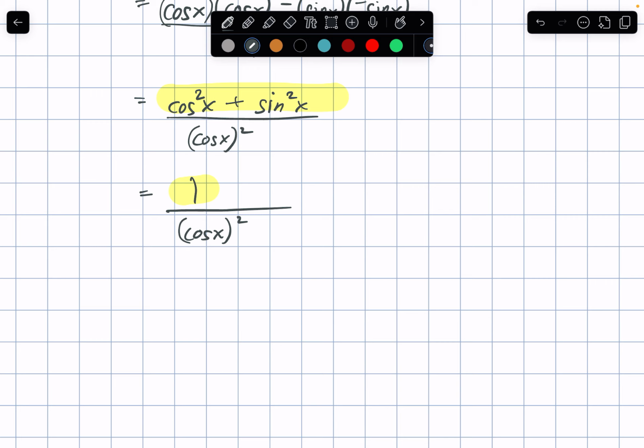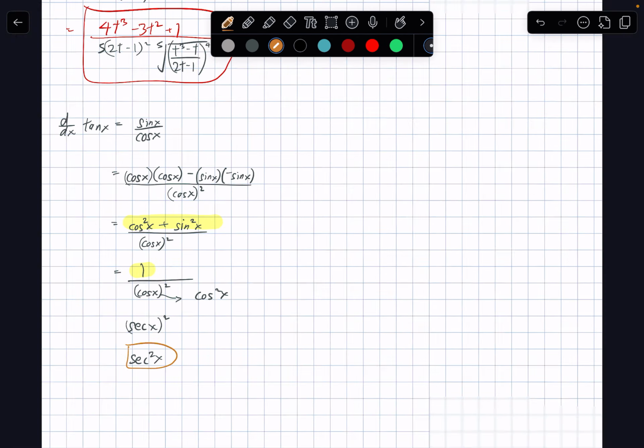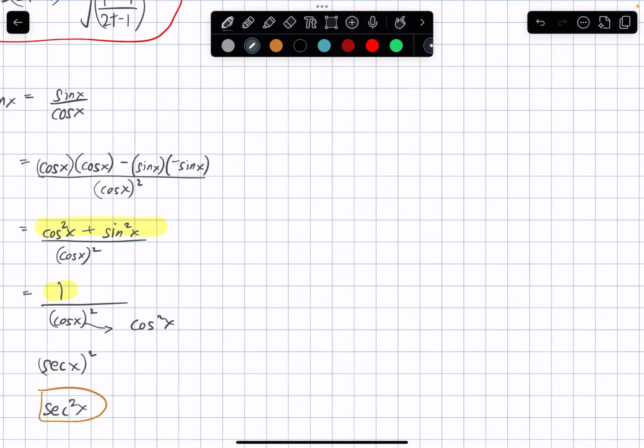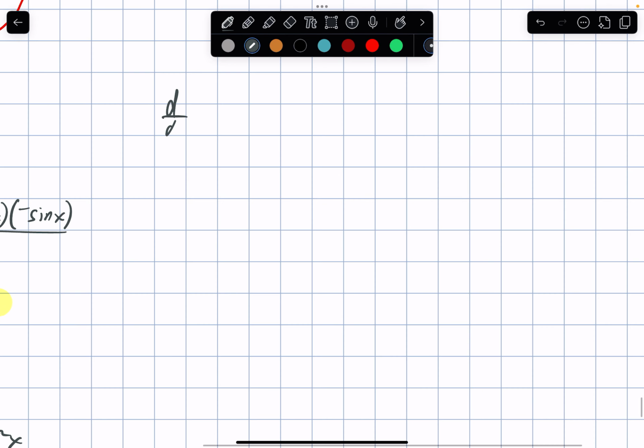It's easier to simplify. So the reciprocal of 1 over cosine x is secant x squared. From here you can already rewrite it as that. So that's the answer.